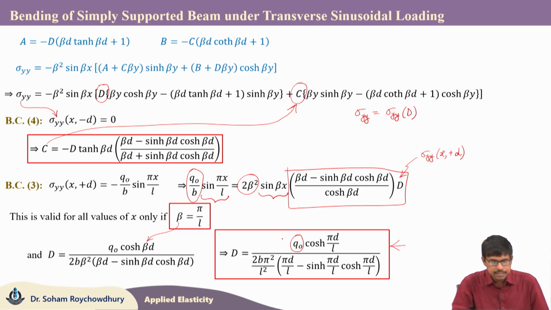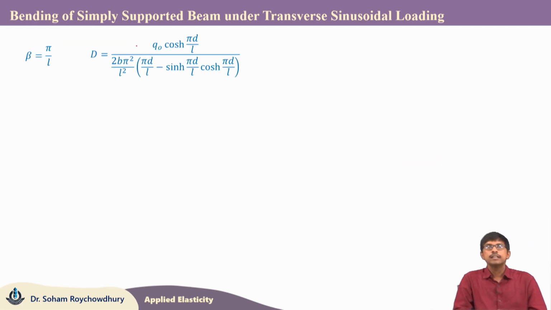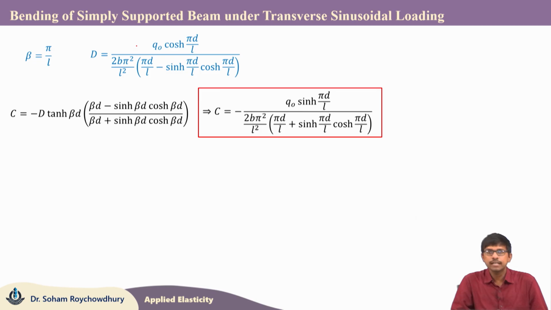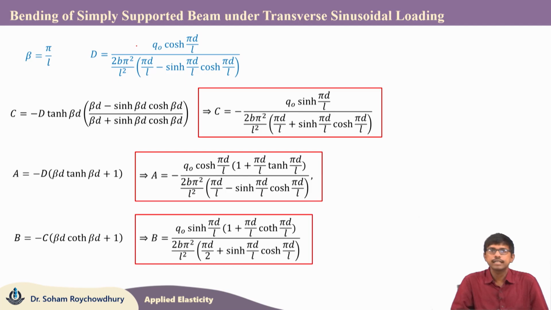Now, you can replace this D back in these three expressions of A, B, C, and also using beta equals pi by L, you can write the expressions of the remaining three unknown constants C, A and B in terms of the externally applied sinusoidal load intensity q naught.